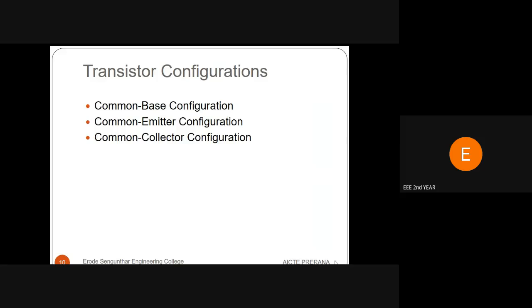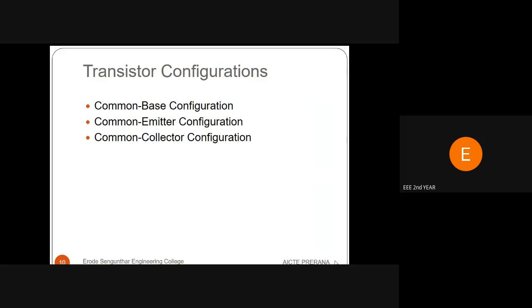Based on the input terminal, output terminal, and common terminal, the transistor can be connected in one of three configurations. The configurations are common base configuration, common emitter configuration, and common collector configuration.